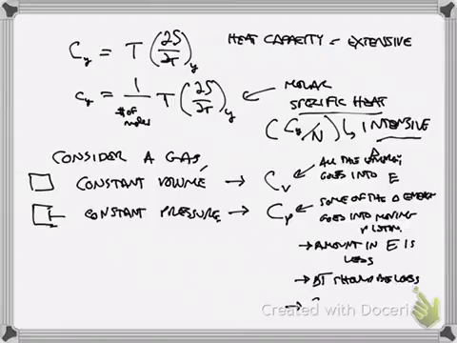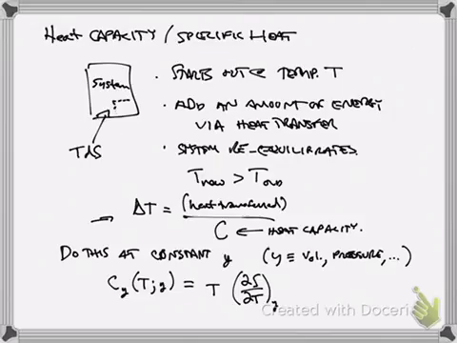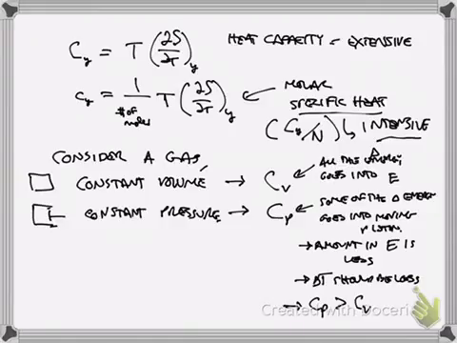And that implies that Cp should somehow be greater than Cv, because the temperature rise is going to be smaller. If you recall from our previous slide, when the temperature rise is smaller, that means the heat capacity is bigger. So Cp, the heat capacity at constant pressure, has to be greater than the heat capacity at constant volume.